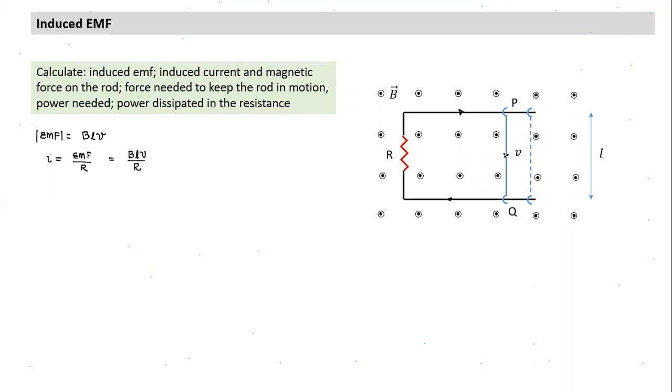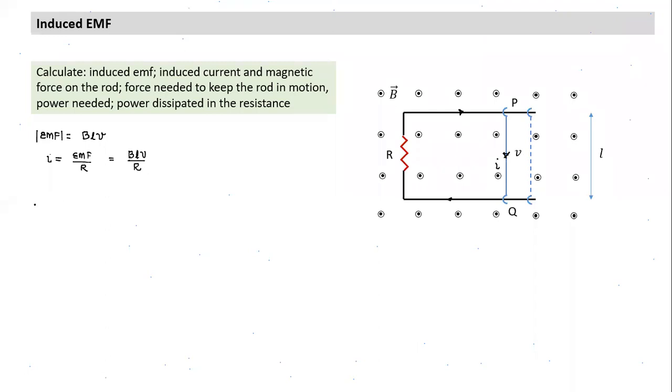If current is flowing through this conductor here, it is equivalent to a conductor having current placed in a magnetic field. It will experience a force. A current carrying conductor placed in a magnetic field experiences a magnetic force.